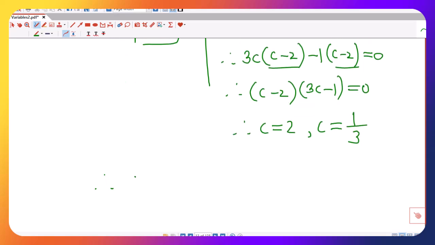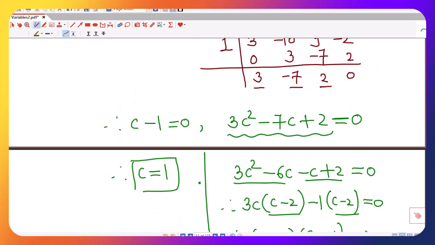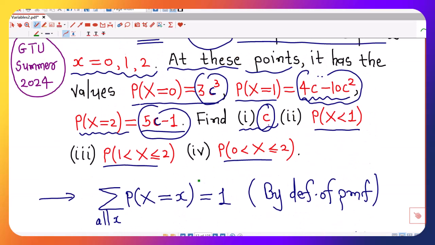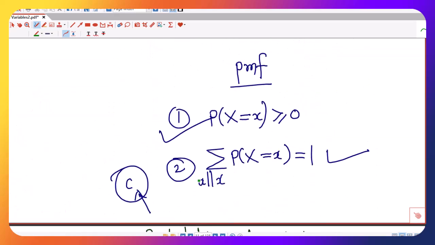So therefore we have three possibilities: c equal to 1, c equal to 2 and c equal to 1 by 3. Now we have to choose that value of c which satisfies both the conditions of probability mass function.